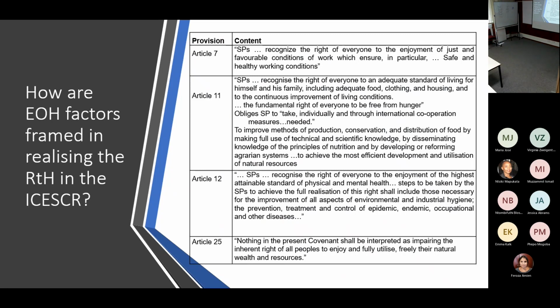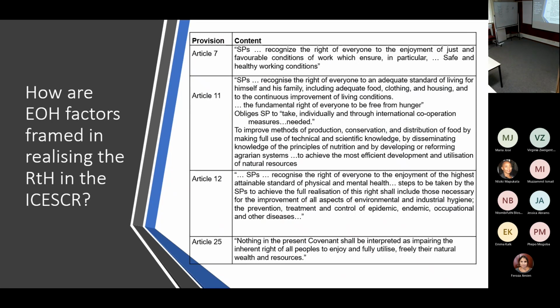And this is also Article 12, which talks about not health only as the achievement of health, but its highest attainable standard of physical and mental health. When we say highest attainable standard of health, we are also referring to other factors that do not only include healthcare, but the factors behind that include the aspect of environmental and industrial hygiene, the prevention, treatment, and control of epidemic, endemic, occupational and other diseases.